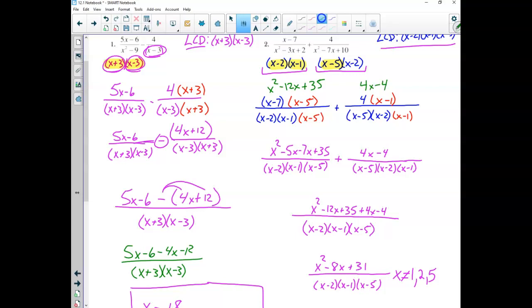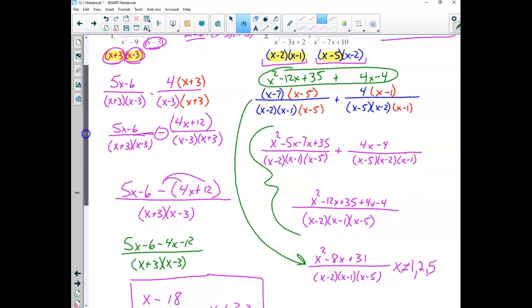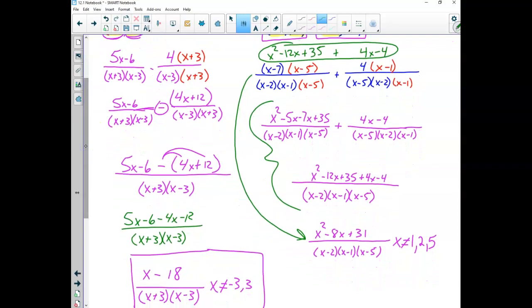Because now I know I'm just adding the tops of all of these, I typically would expand on the top, and I'd skip these middle steps because it saves me time and anguish. So I would put these together. Here's my common denominator, and I would combine like terms. I've got an x squared, so I write my x squared. And then I've got minus 12x plus 4, which gives me minus 8x.